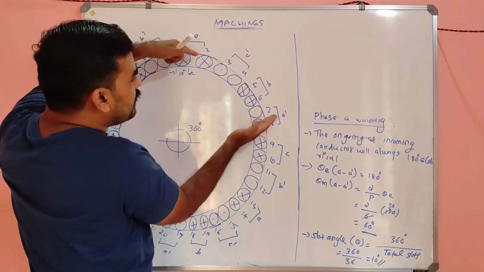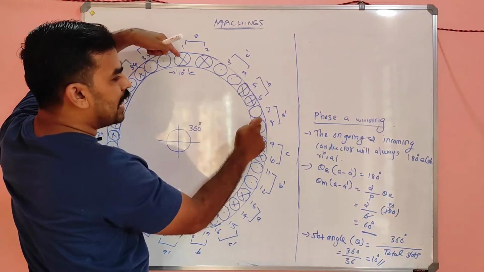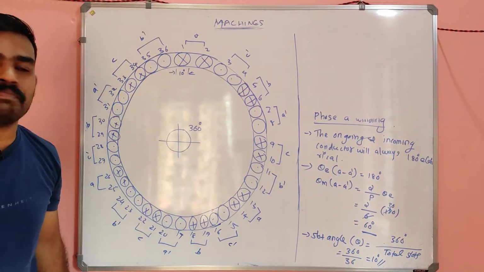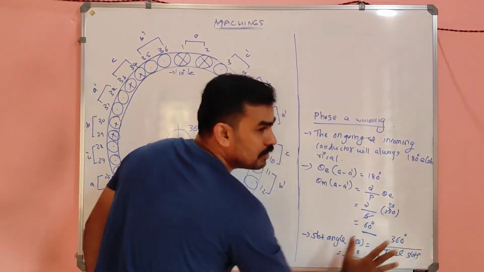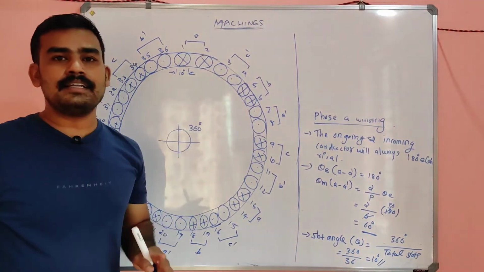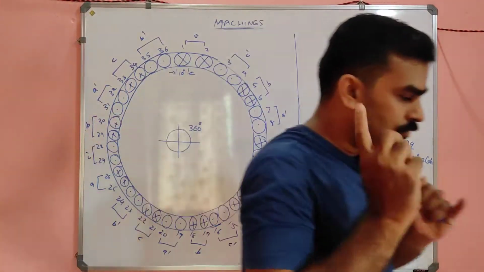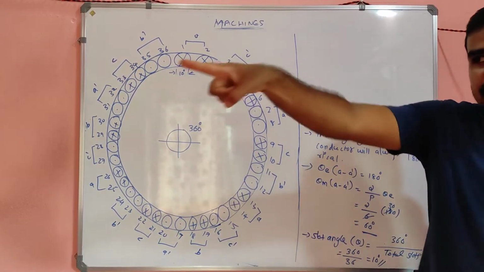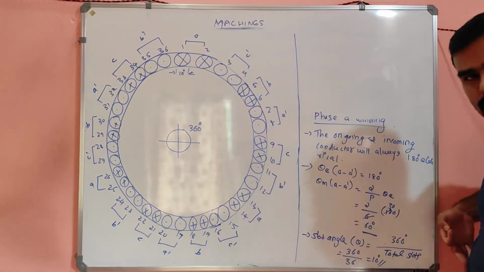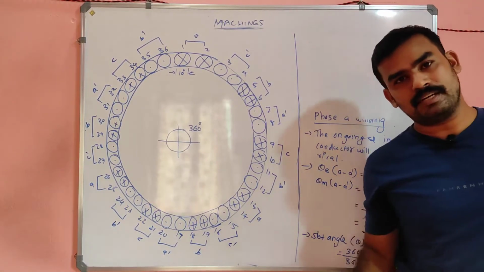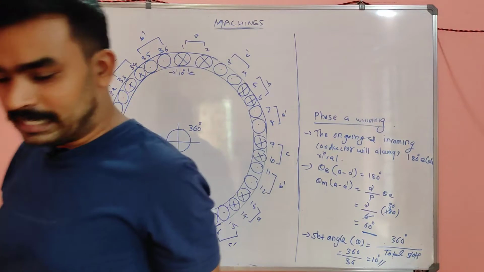Only in between the incoming and the outgoing terminals should you measure the angle. Otherwise it will be wrong.